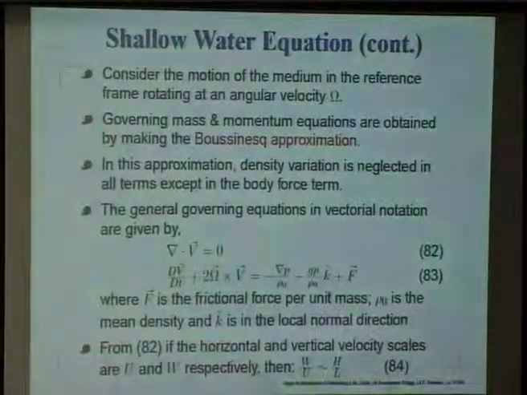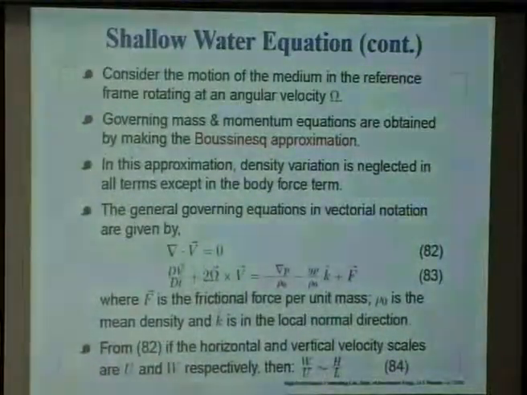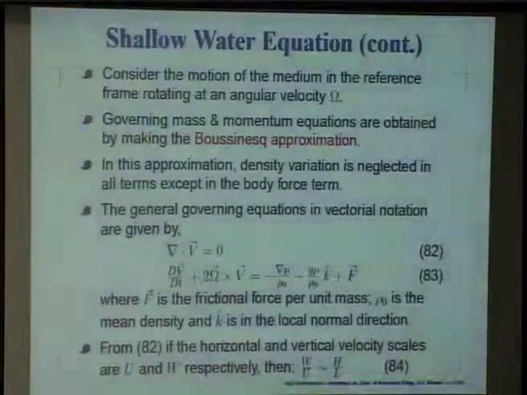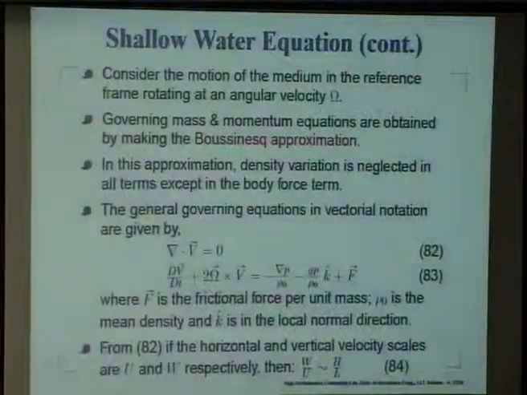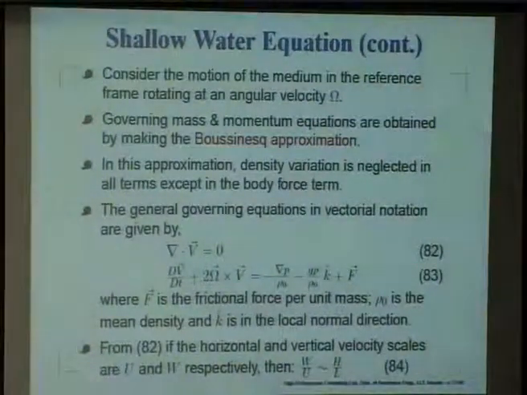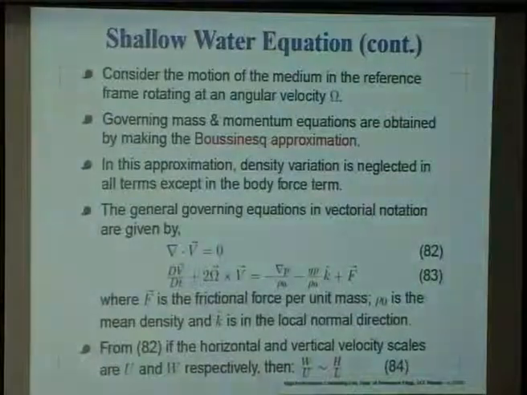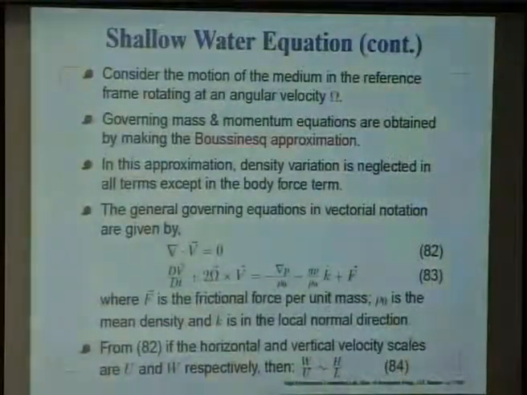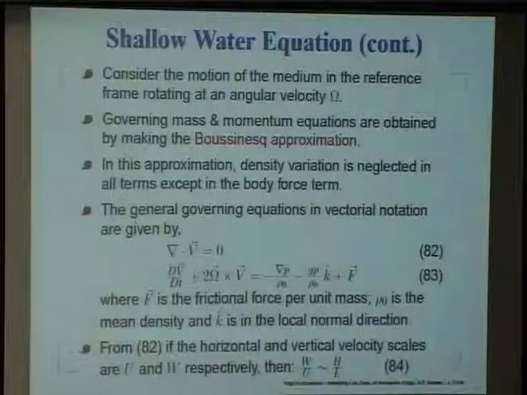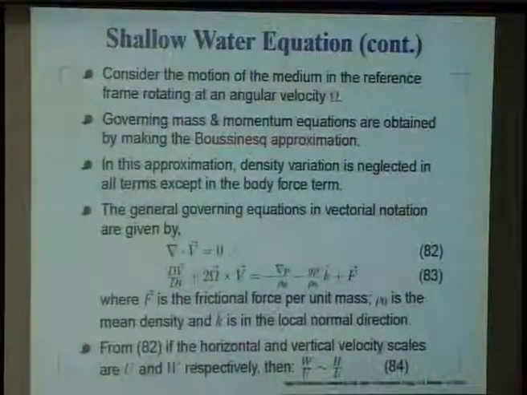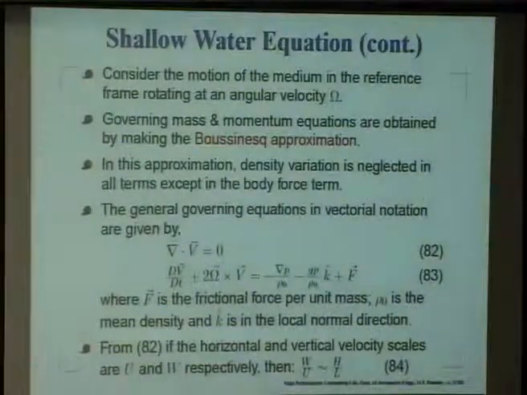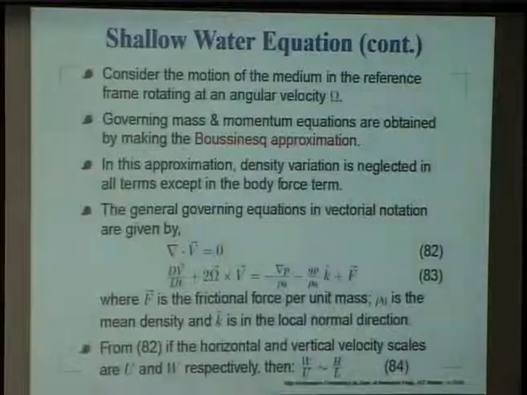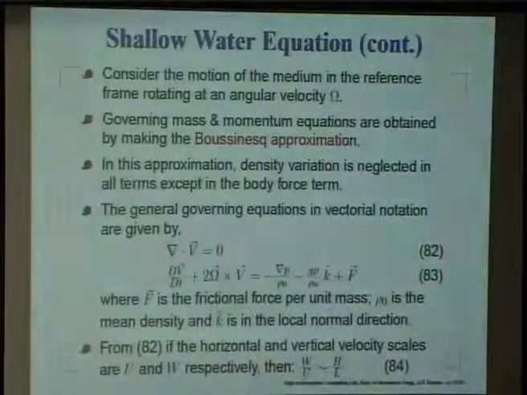We will talk about its value, and density is taken at some nominal value that we define as rho naught. However, the body force would take care of the variation of density. This is the essence of the Boussinesq approximation, that in the body force term we allow the variation of density with height or latitude, and thereby we get this additional term.